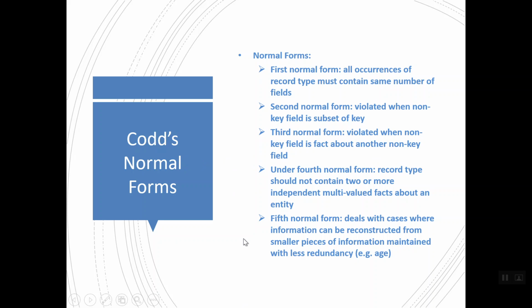Fifth normal form deals more with the deconstruction or decomposition of data. Say, from an accounting perspective, on a worksheet you'll have numbers that are made up of your expenses and your revenues.